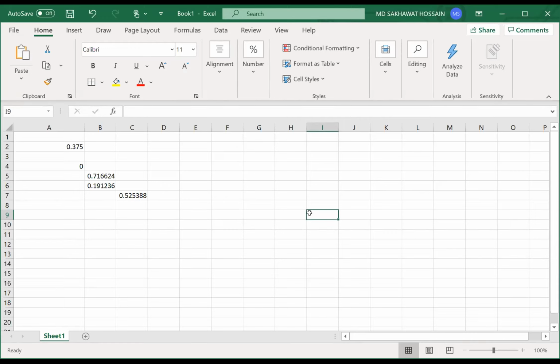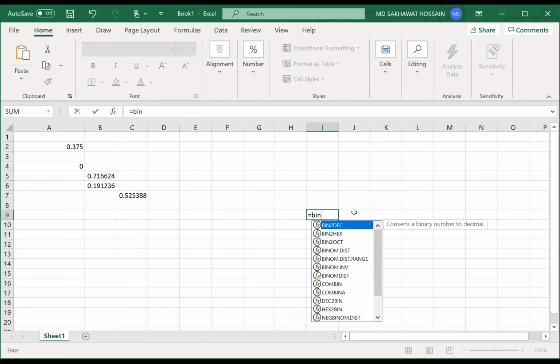First you have to select equal, then BINOM, binomial distribution. You can see here BINOM.DIST, which means binomial distribution. You will use the binomial distribution function, not the binomial inverse or binomial distribution range.